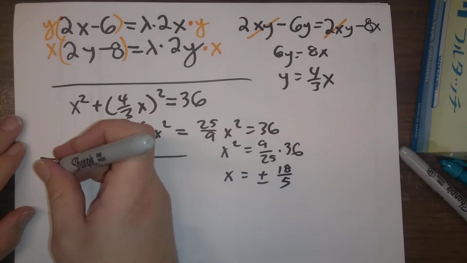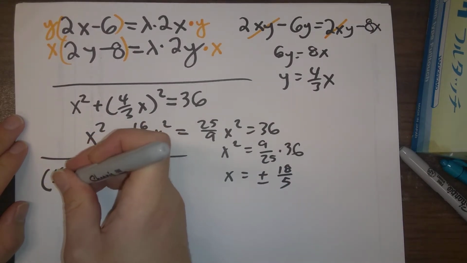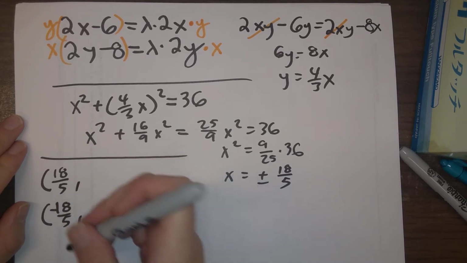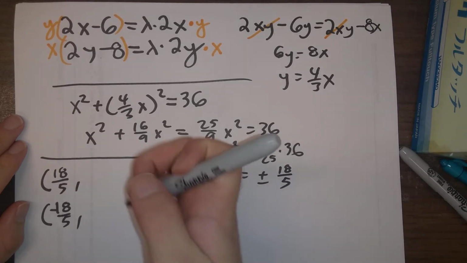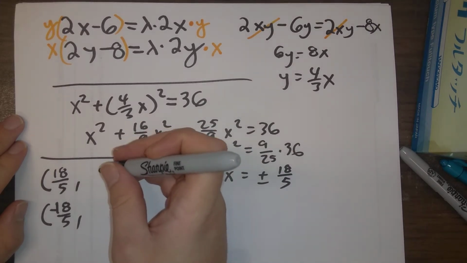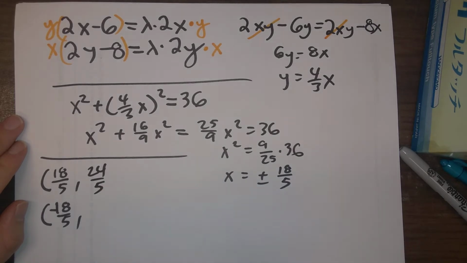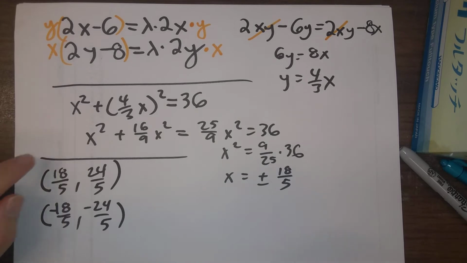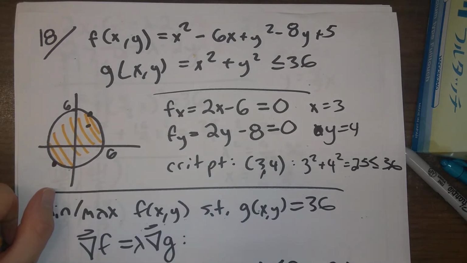So we've got 2 points to think about: x is 18/5 and x is minus 18/5. And y is 4/3 times x. So 4/3 times 18/5 gives us 24/5, and 4/3 times minus 18/5 gives us minus 24/5. So we've got these 2 critical points. These are the only places to look on the boundary.